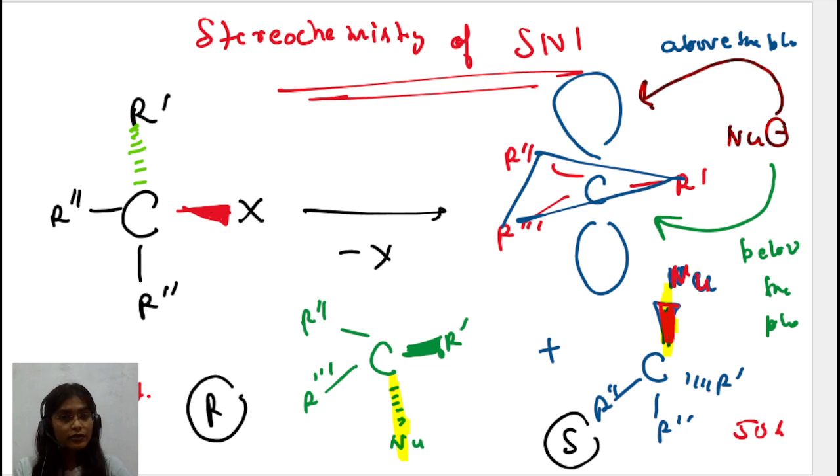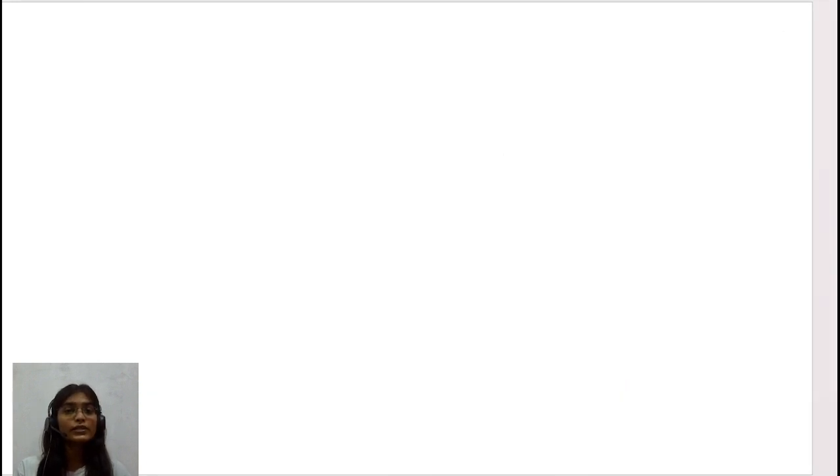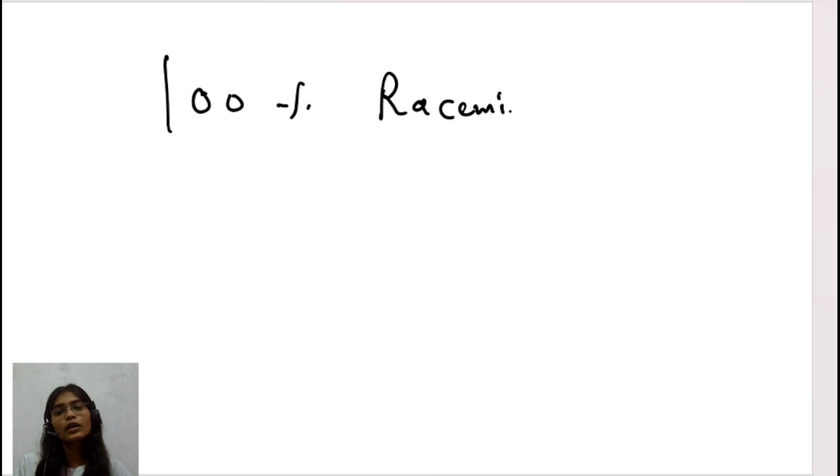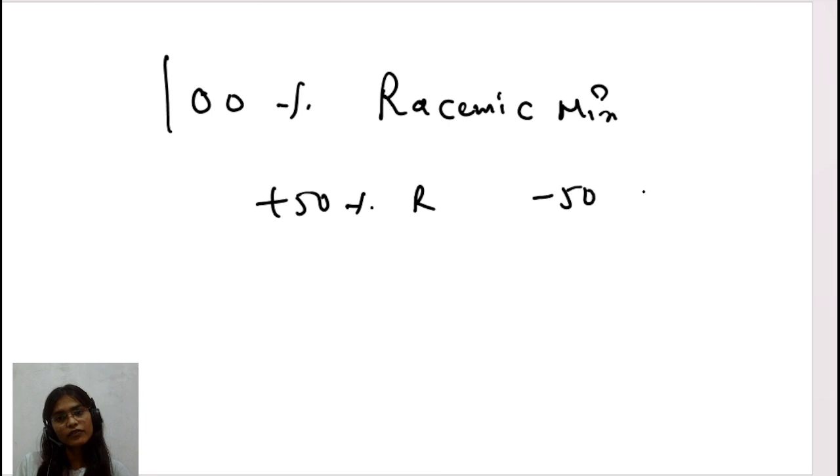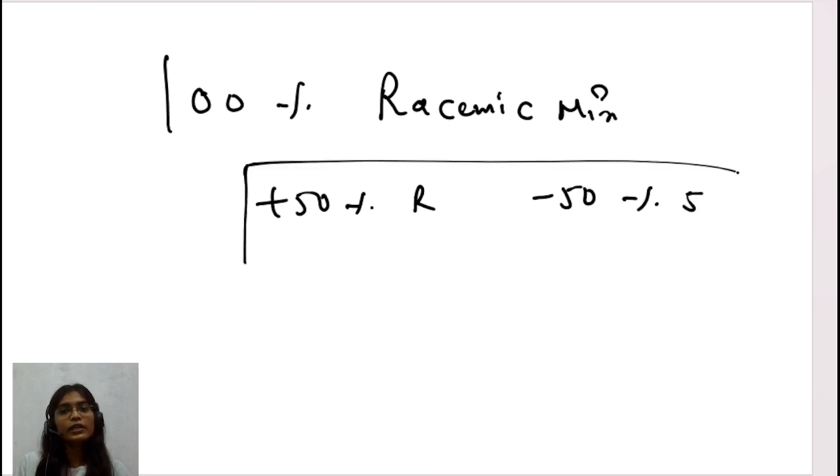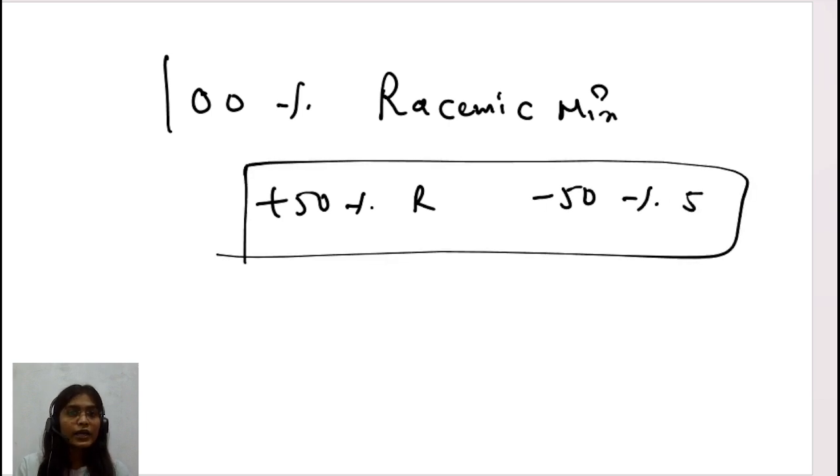Is there any 100% racemization? Let's see the meaning of the phrase 100% racemization, or 100% racemic mixture. Suppose we have 50% R and 50% S. But what if I get 60% R and 40% S?